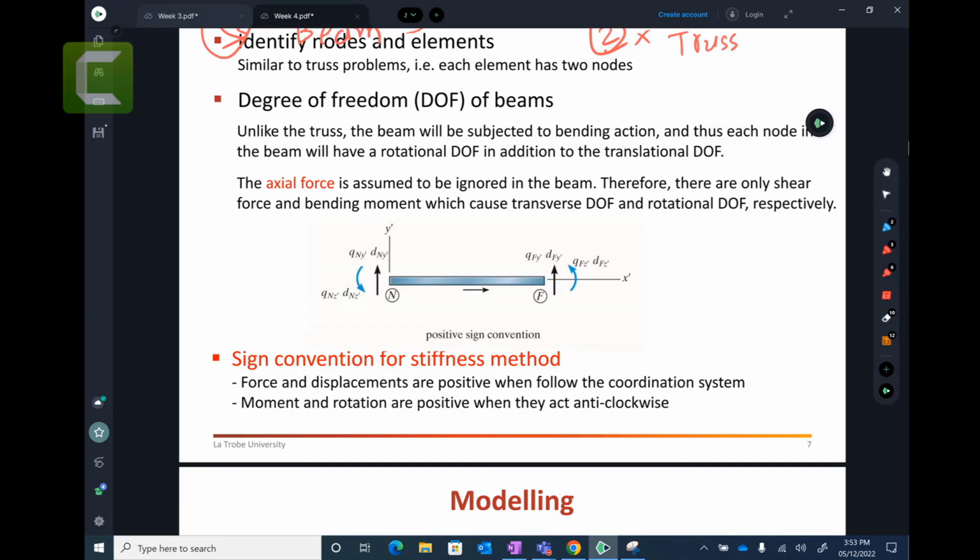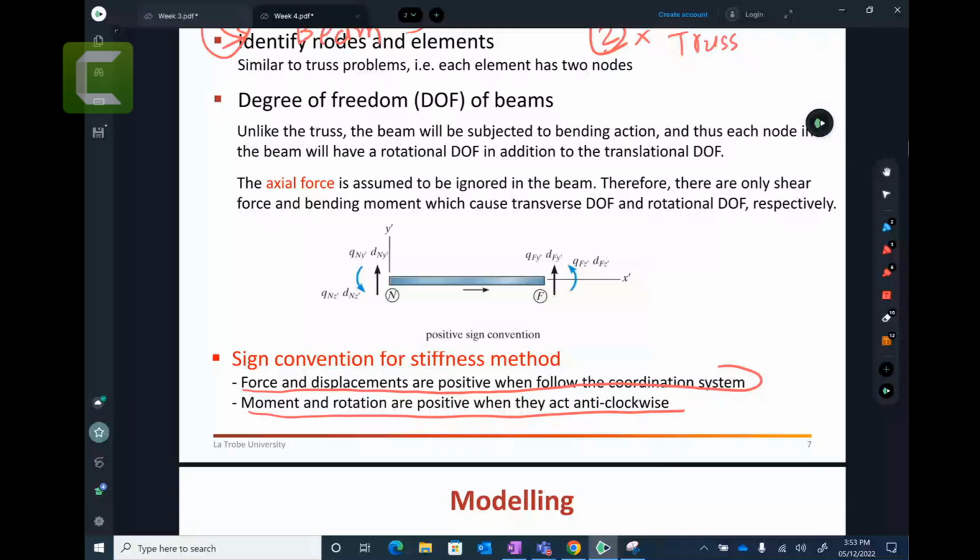Otherwise you end up with positive, negative mix-ups, and you end up with some errors. Make your life easy. Force and displacement are positive when they follow the coordinate system. Moment and rotation are positive when they act anti-clockwise. So when you have anti-clockwise, then that moment is positive.